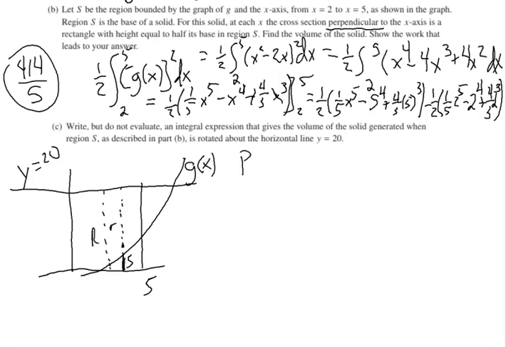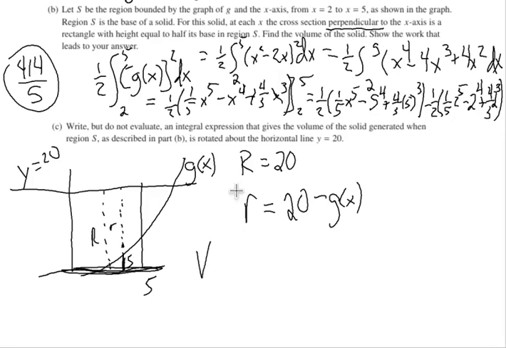So big R is going to be 20. Because the outside boundary is the x-axis, that's getting rotated around the line y equals 20, and it's always the same. Little r is the distance from the axis of rotation to the curve g of x. So this distance for little r is going to be 20 subtracted by however high up g of x is.